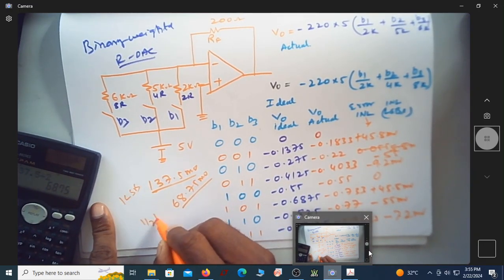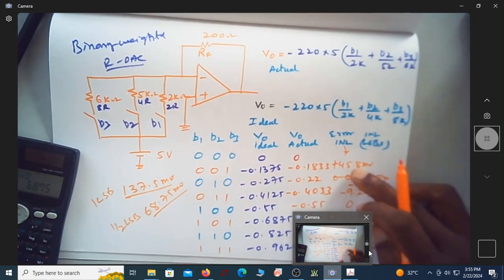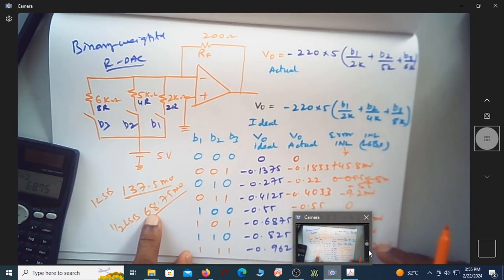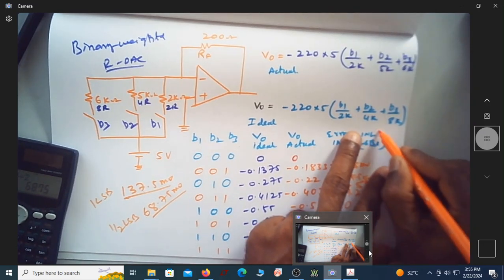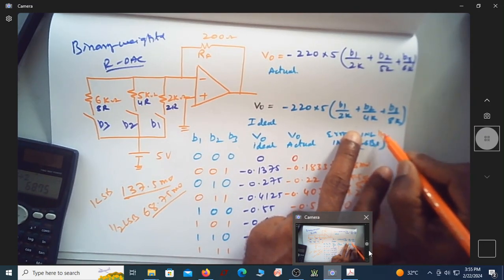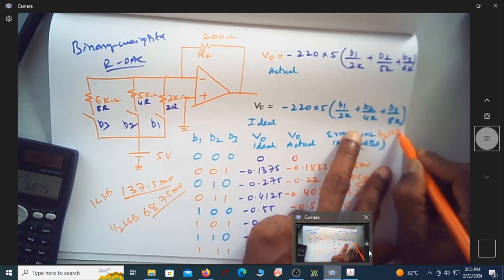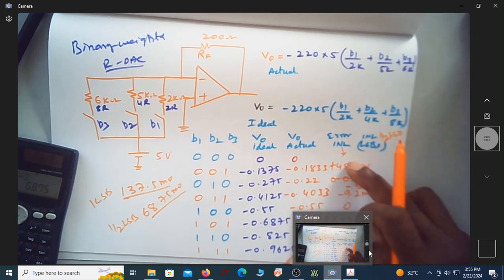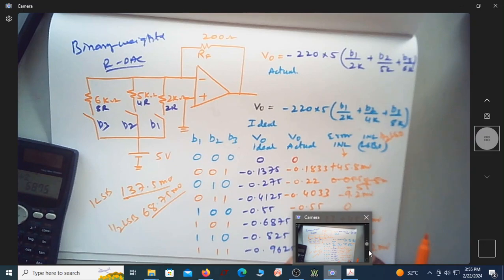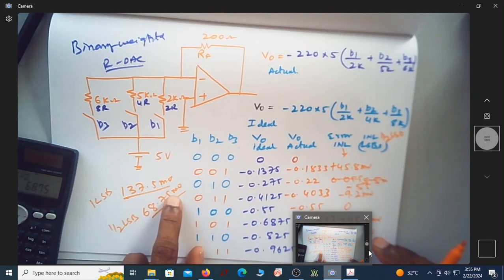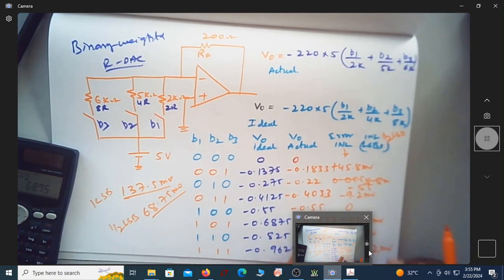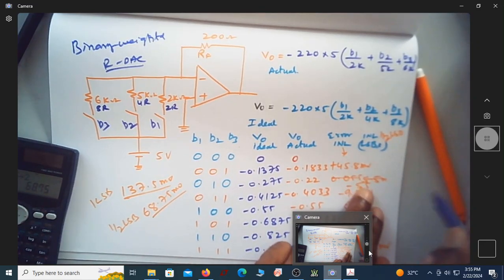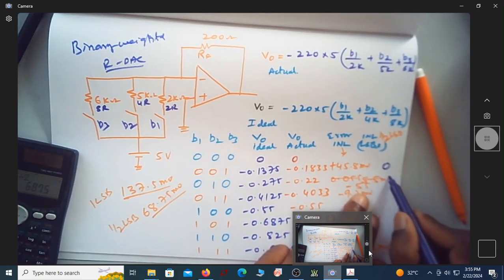None of the errors are exceeding this half LSB. Since all the voltage differences, whether plus or minus, are less than 68.75 millivolts, which is less than half LSB, you can round it off to zero error.